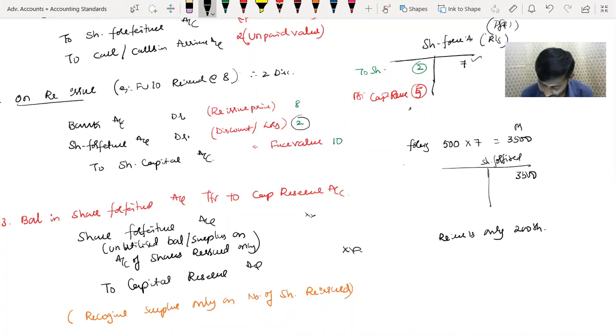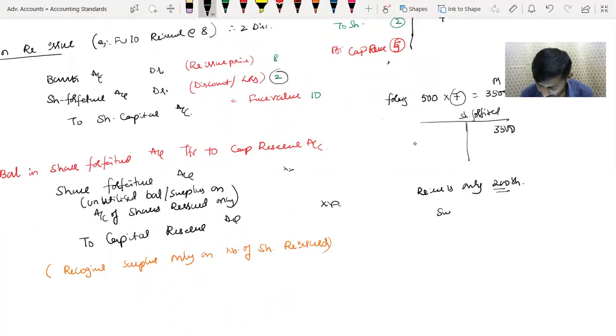So what is the profit available per share? 7 rupees. Therefore, with 200 shares reissued, the forfeiture account surplus available is 200 shares into 7, which is 1,400. Out of that, what is the loss? 200 shares into 2 rupees, so 400 rupees is the loss.